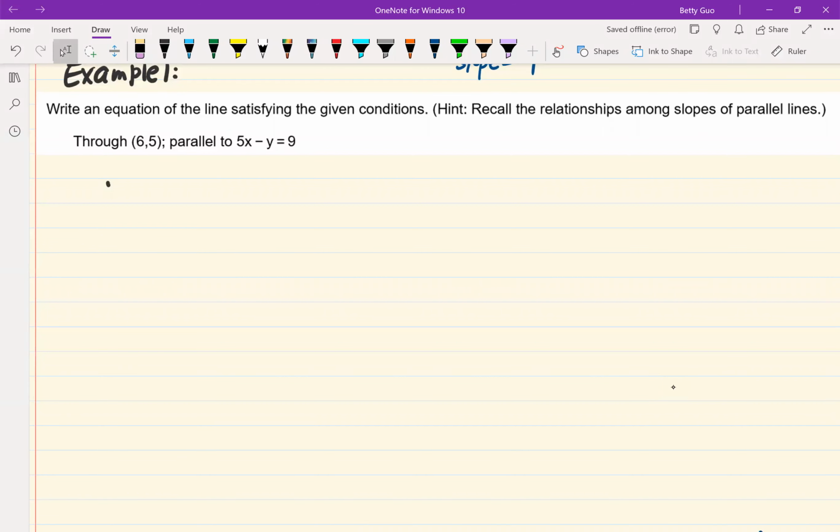When writing an equation of the line satisfying the given condition, recall the relationships among slopes of parallel lines. Through (6, 5), parallel to 5x minus y equals 9. All right, let's see.